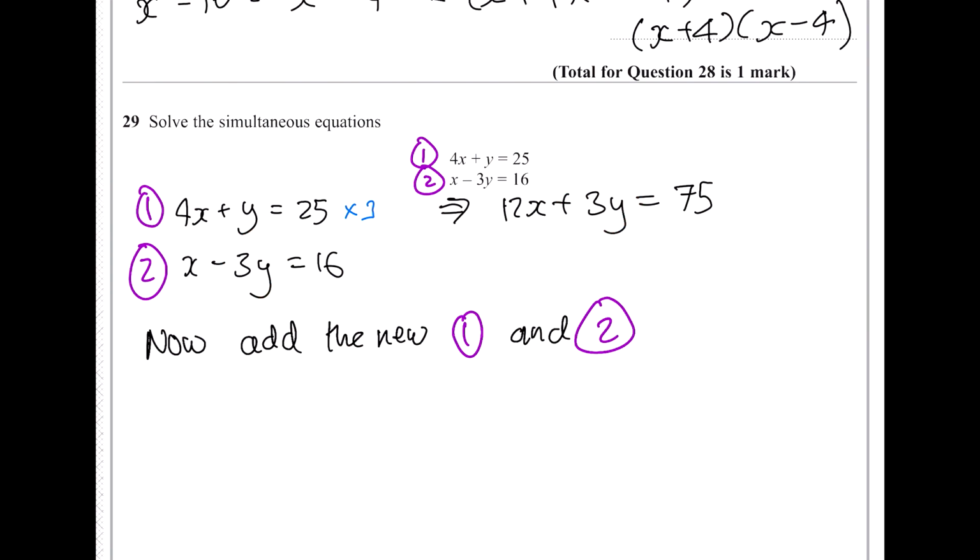Then adding the other two, we get 12x plus x is 13x. And on the right hand side we get 75 plus 16. So doing that, 75 plus 11, and then 12, 13, 14, 15, 16 gives you, I think, 91. So double checking that.